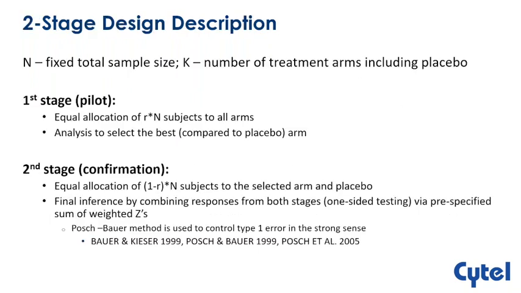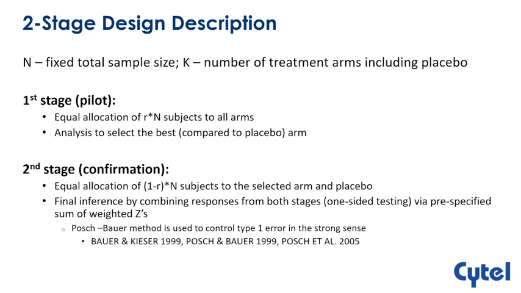The last type of design is a 2-stage design, which we talked about earlier, but the way it works is what we're going to talk about now. There's a fixed total sample size and a certain number of treatment arms, including placebo. And in stage 1, the subjects are equally allocated to all the arms. And there's analysis after stage 1 to choose the best treatment arm or the best several treatment arms.